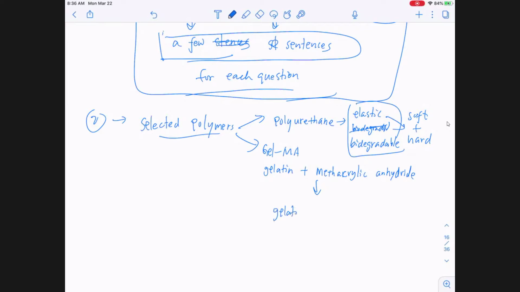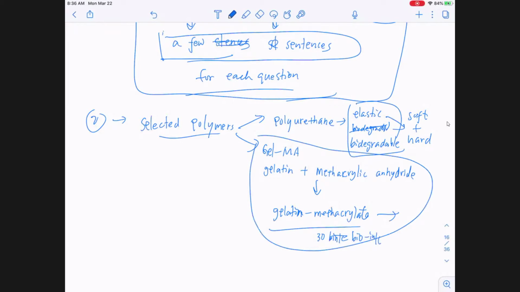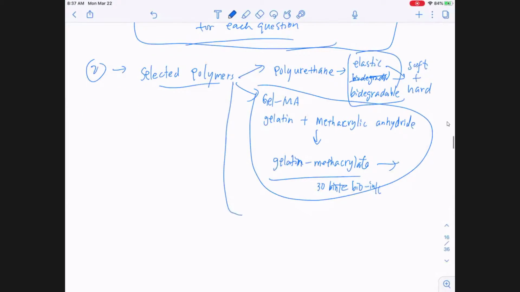We can get the gelatin methacrylate polymer. That's generally used for all kinds of tissue engineering, and even 3D bio ink. And right now it is one of the most popular hydrogels for making tissue for 3D printing, among a lot of things. And another one is PHB.